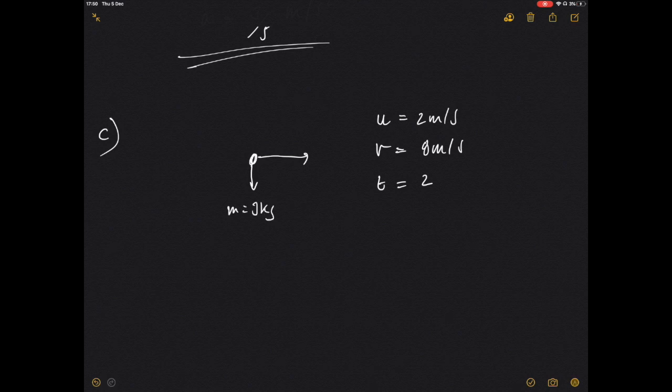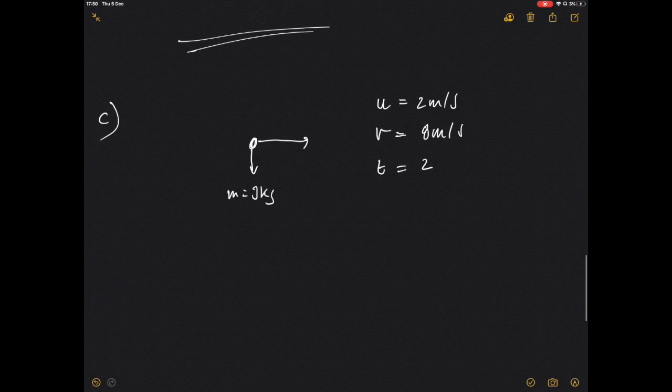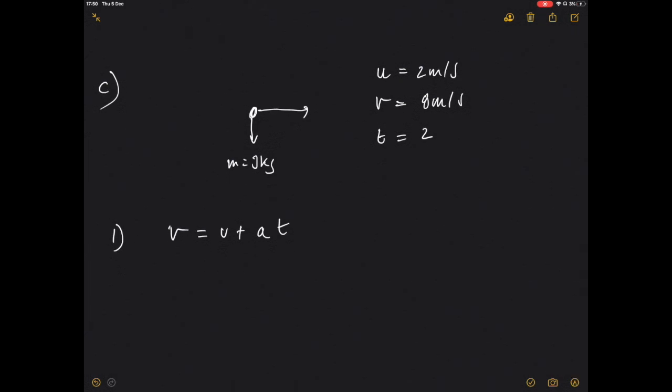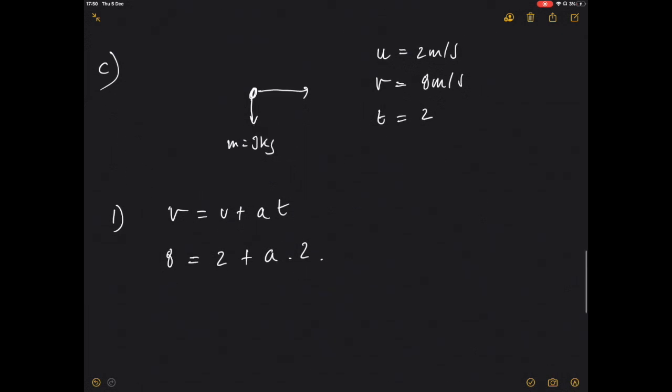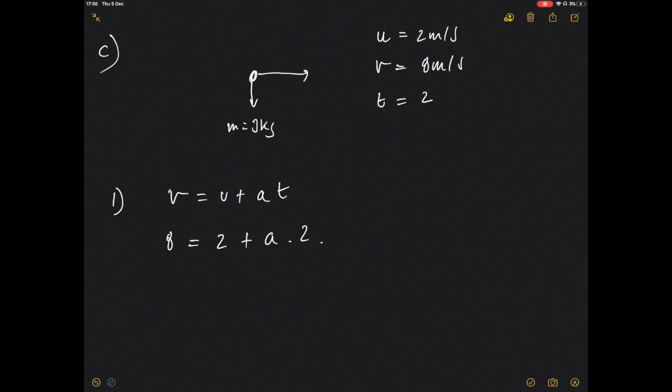For this question, we need to bring back one of our equations of motion. The one we want to find a is v equals u plus at. So we have v, which is 8, equals 2 plus a, which we don't know, times 2. And all we need to do is then calculate our a.